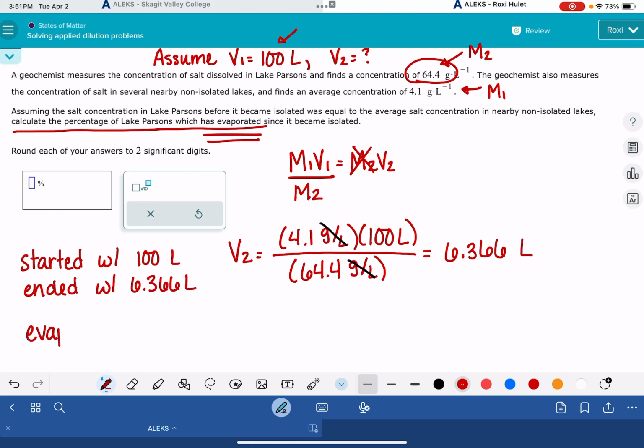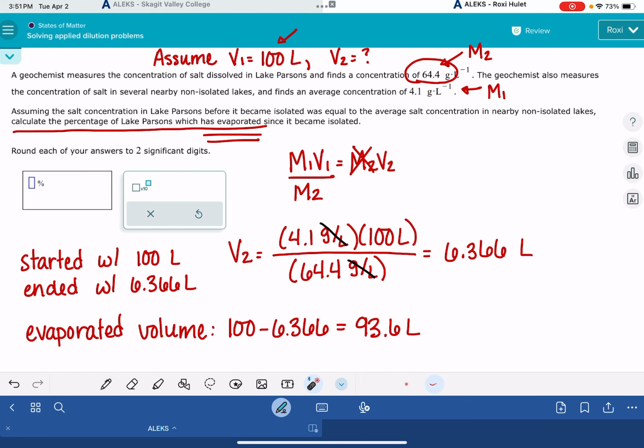So the evaporated volume is going to be the difference between what I started with and what I ended with. 100 minus that is 93.6. We're just going to leave it at that, 93.6 liters. So this is how much evaporated.